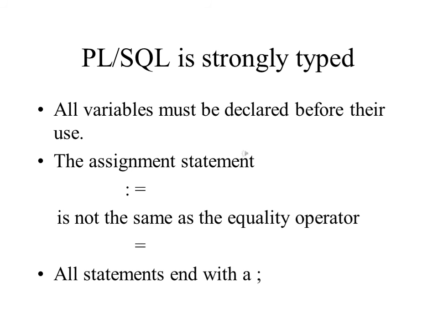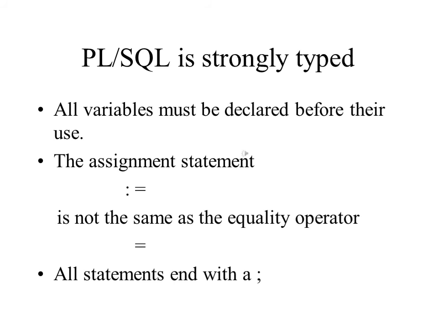PL/SQL is a strongly typed language. Before you can work with a variable or constant, it must be declared with a type. PL/SQL offers a wide array of predefined data types, both in the language natively and in a variety of supplied packages.